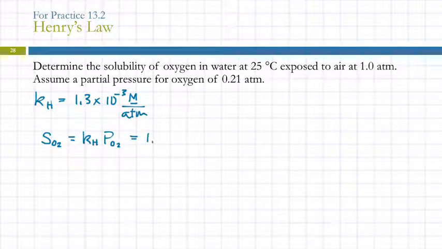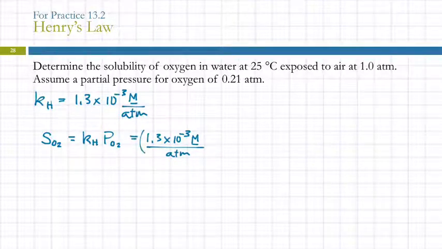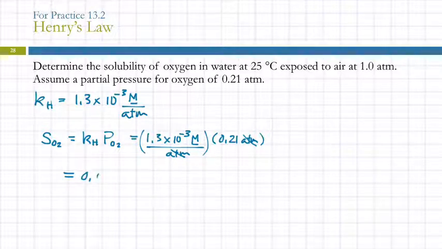So this is going to equal 1.3 times 10 to the minus third molarity per atmosphere times the partial pressure, 0.21 atmospheres. The unit atmospheres cancels out. My calculator is giving me 0.000273. The unit there would be molarity, moles per liter.